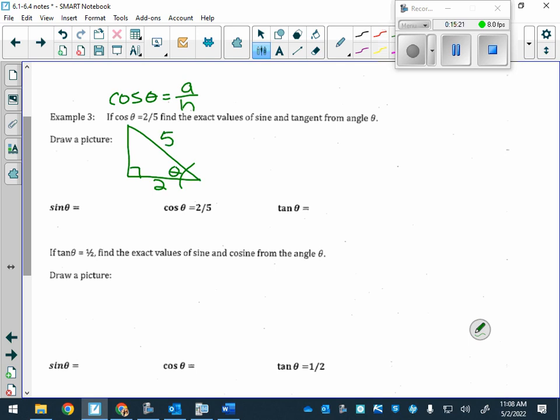So if I'm missing a side length, what do I do to find that side length? Sam? Pythagorean theorem. So we have a squared plus b squared equals c squared. Remember, c is always your what? Hypotenuse. Good. So it doesn't matter for a or b.